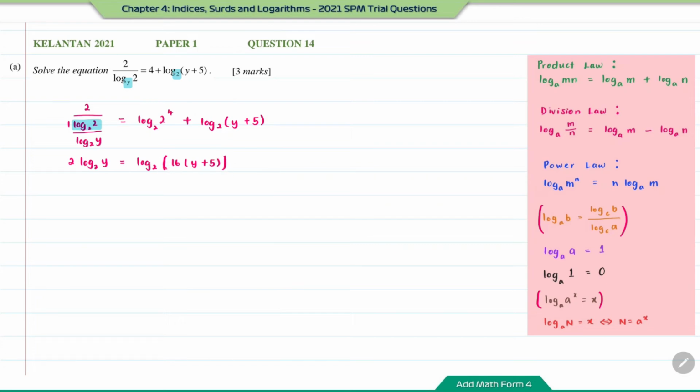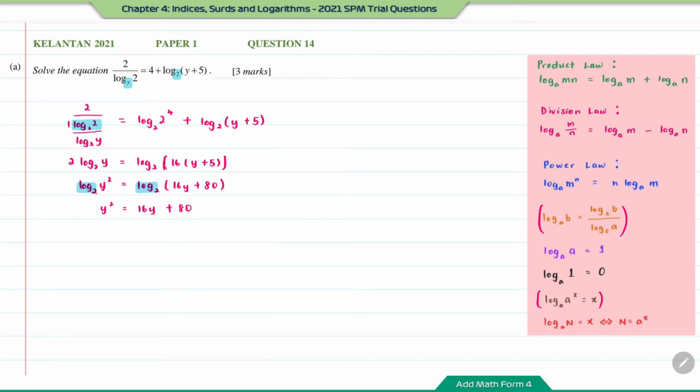So using the power law on the left hand side, I can write this as log base 2 of y to the power of 2 equal to log base 2 of, so 16 times y is 16y plus 16 times 5, which is 80. Now on the left hand side and on the right hand side, they are both log base 2 and they are equal to each other. So later on we can just compare the value. So y squared equal to 16y plus 80.